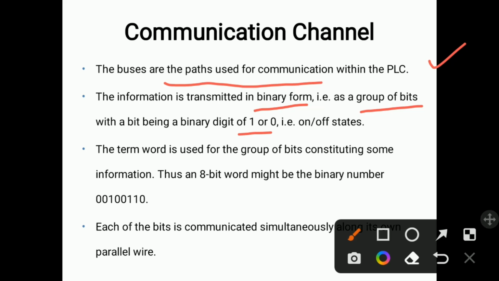So an 8-bit word means a group of 8 bits, that is, 0s and 1s. This is called a binary number. Each bit is communicated simultaneously on its own parallel wire, so communication is done on parallel wires.